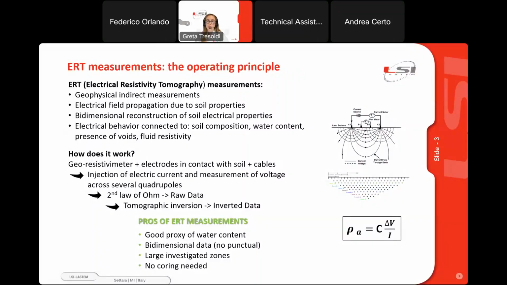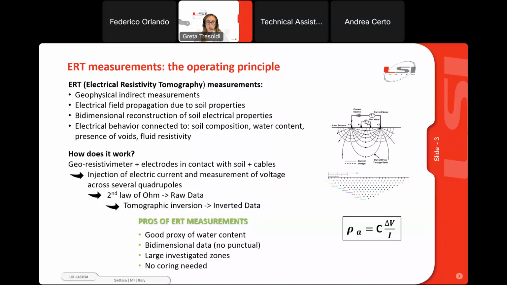Thanks to this method, you can obtain a bidimensional reconstruction of the soil electrical properties. Mainly, you are obtaining the resistivity of the soil. And why is resistivity so important to us? Because the resistivity changes based on soil composition, water content, presence of voids, and fluid resistivity. These kinds of methods have been used since the mid-90s, but so far have been used with portable instruments.